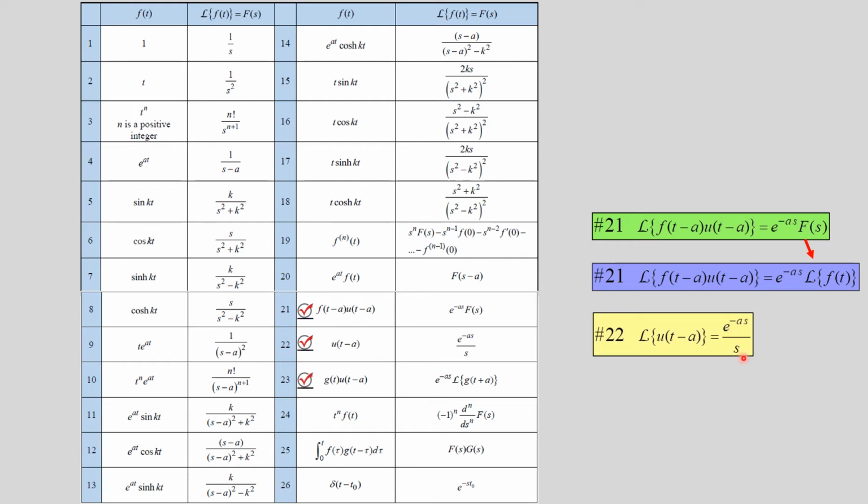And at row number 23, we see the formula for the Laplace transform of g(t) u(t minus a), which is actually the alternative form of the t-translation theorem. The Laplace transform of g(t) u(t minus a) is given by e to the negative as times the Laplace transform of g(t plus a). So formula 21 is the t-translation theorem, whereas formulas 22 and 23 are actually derived from formula 21.